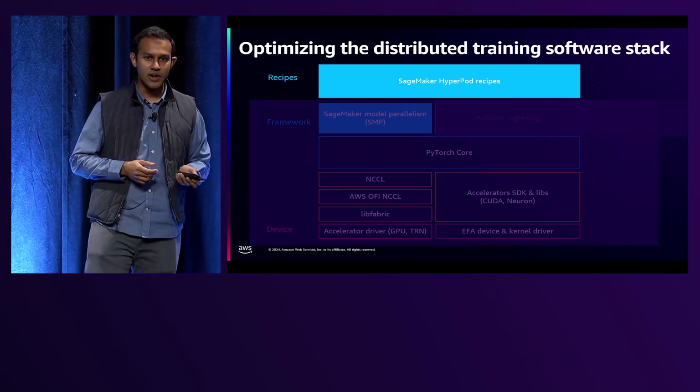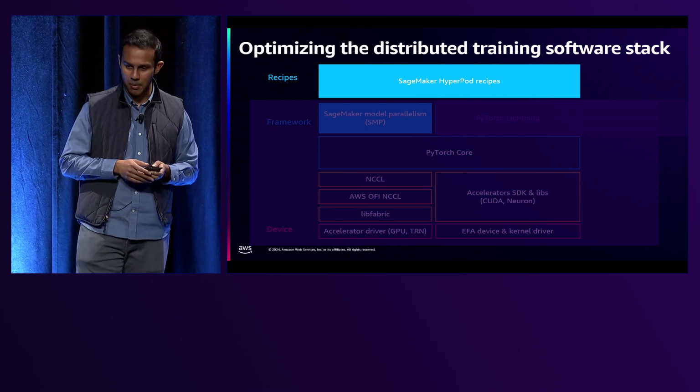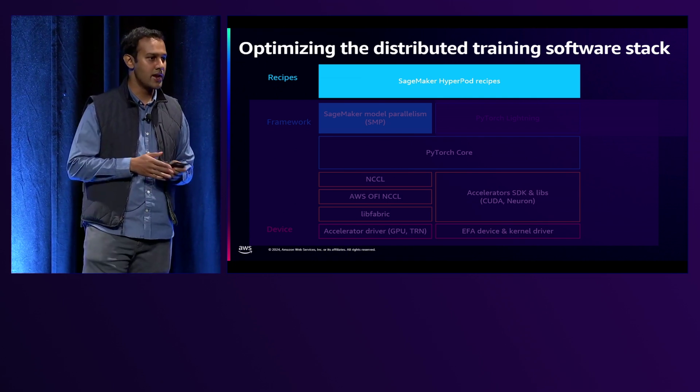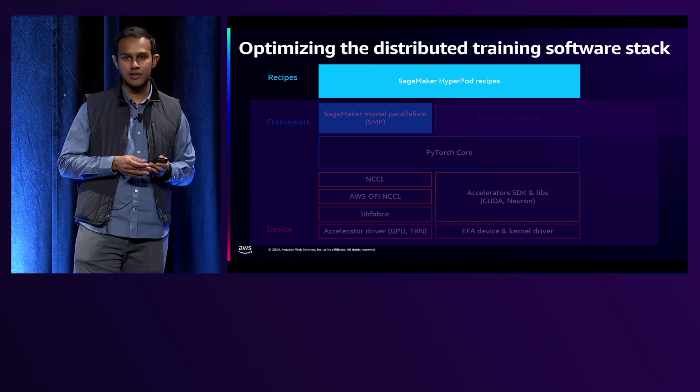And at this re:Invent, we announced Amazon SageMaker HyperPod recipes that make it easier for customers to train large publicly available models like Llama 3.1 in a really easy manner. I'd like to invite Sanjay up on the stage here to speak about the recipes, and we'll dive further in.